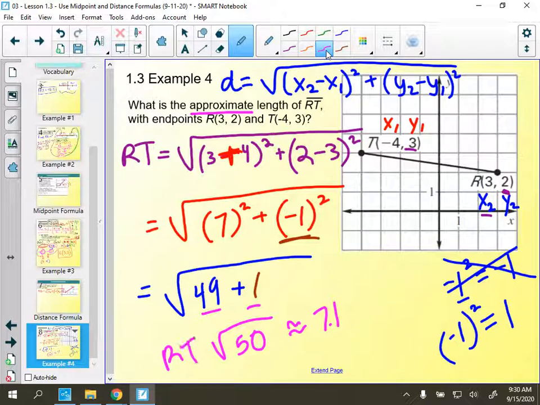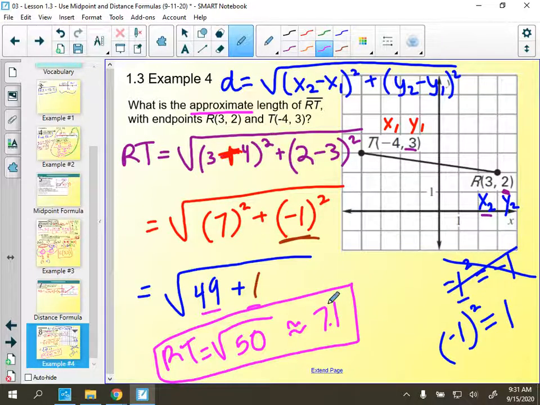So RT equals the square root of 50, which is about 7.1. Totally fine with that. I'll be very specific on a quiz or test as to where I'd like you to round. So hopefully that's not an issue with rounding. All right, so that's just a straightforward example. That's about all I would ask you to do for right now with that distance formula, is just be able to use it accurately. Okay, get numbers where they go and simplify correctly.